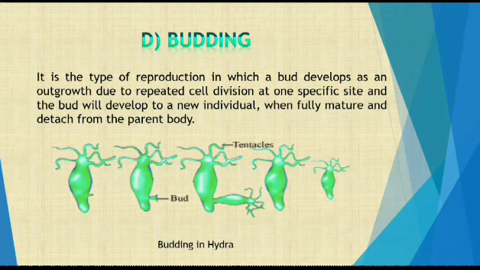Later that bud develops into an adult and detaches from the mature body. After growing, it is detached from the parental body. In this way the hydra will grow. The same happens in yeast. Yeast is also the best example of budding.